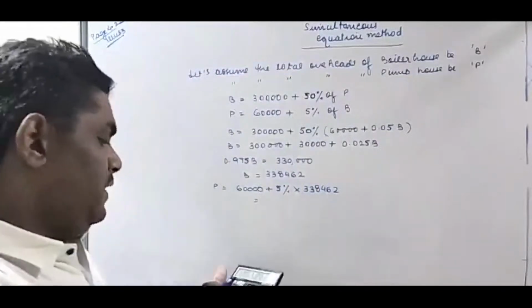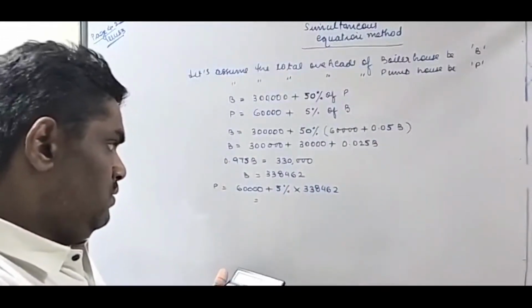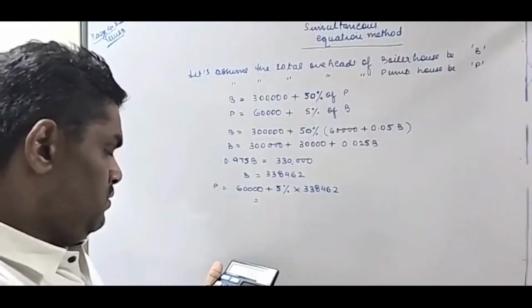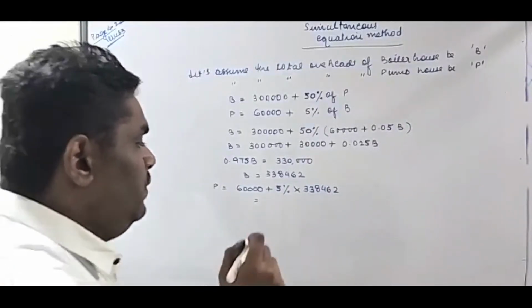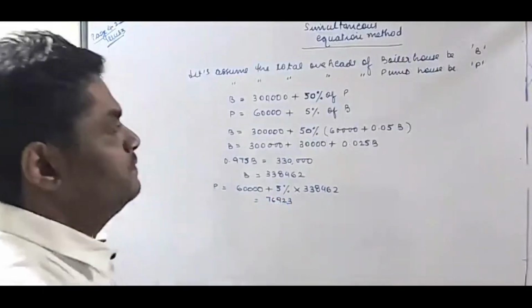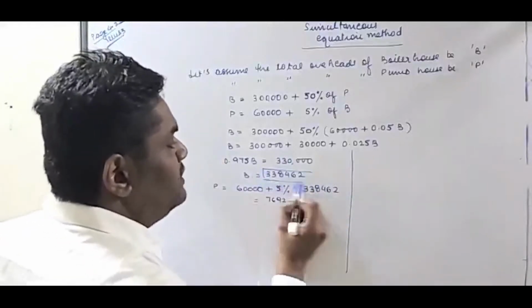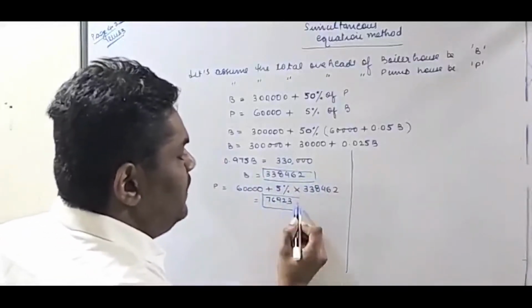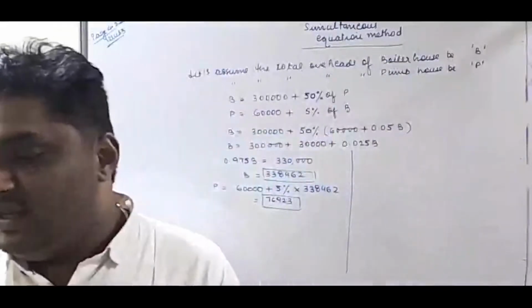So the value of P will be 76,923. So we have got the total overheads of B and total overheads of P. If you guys have any doubts, then please post your query.